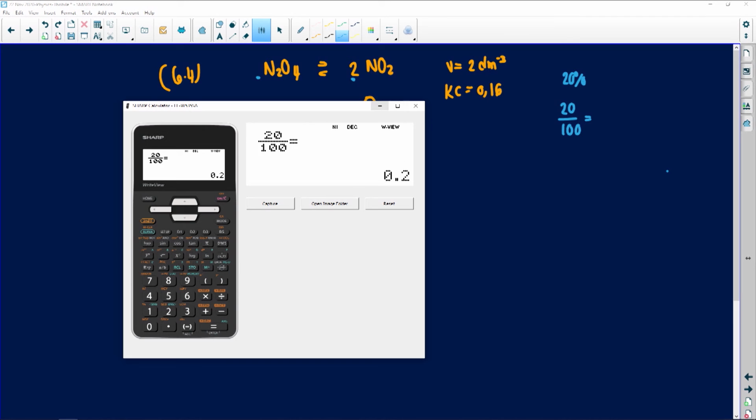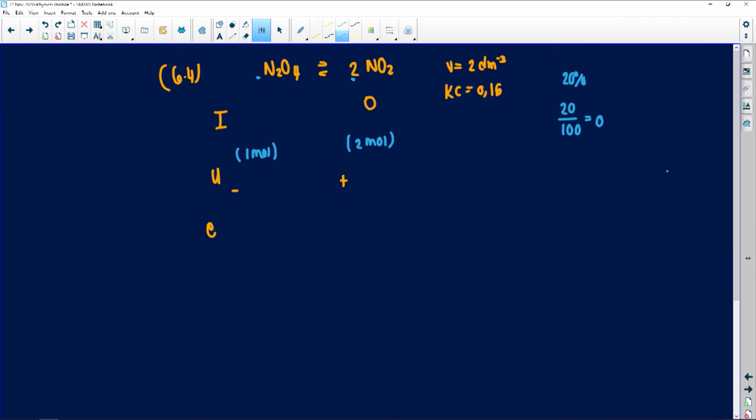Therefore, I get 0.2. So this means I'm going to have 0.2 moles. Now, I'm just going to add on to that to say, if you've got 0.2, it means that 80% of that was actually left over, because 80 plus 20 gives me 100 over 100, and that will then give me a 1. They said 20% decomposed, 20% will be 0.2. That is where I get my 0.2 from.